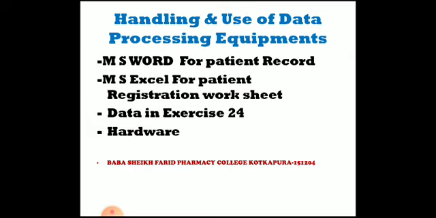So in other words, all physical parts of the computer system are collectively called hardware. What are the parts of a computer that come under this point? These are monitor, mouse, keyboard, printer, microprocessor and motherboard. These are the parts of a computer in pharmacy.